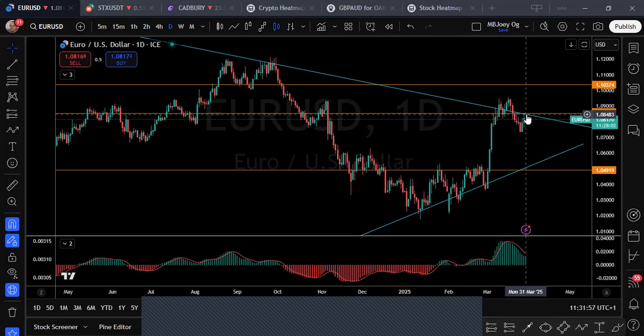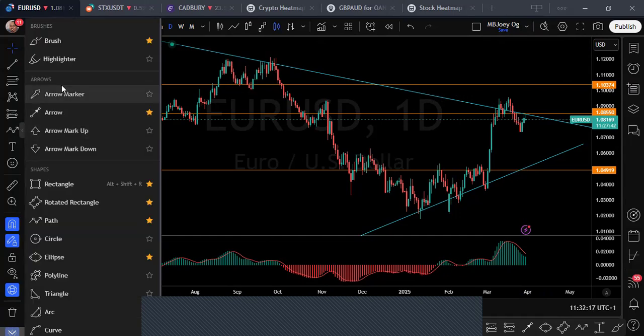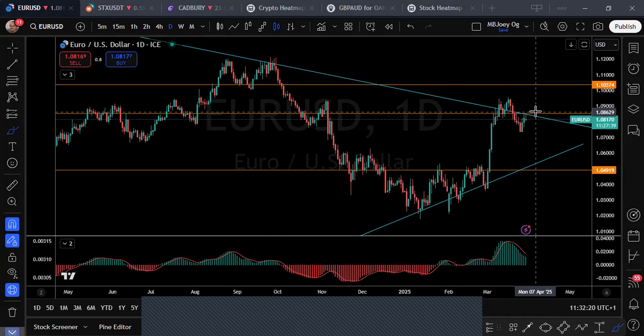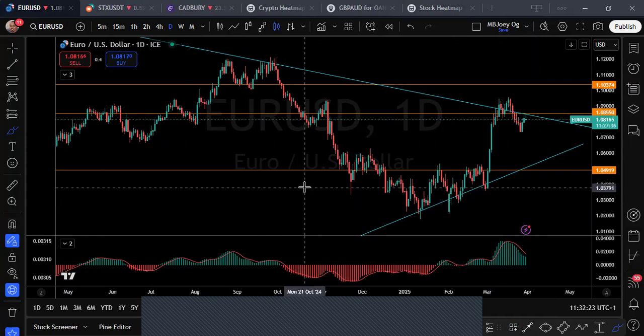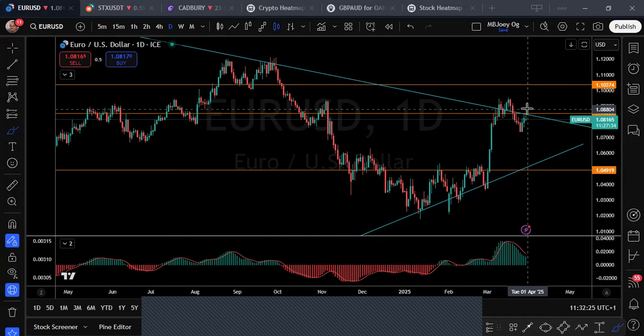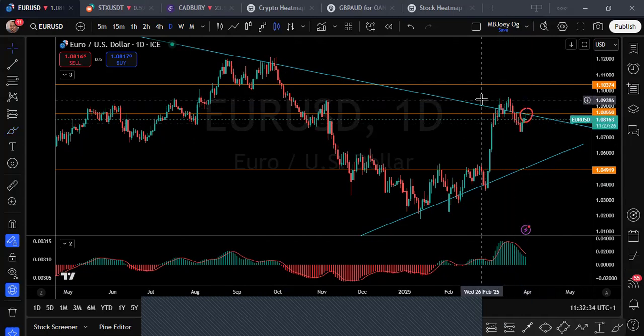And this retest is happening on both the support and resistance line as well as the trend line, right? Both on the support and resistance line as well as the trend line that was drawn from the weekly. So if we want to put this into consideration, this point becomes what is called a confluence, right?